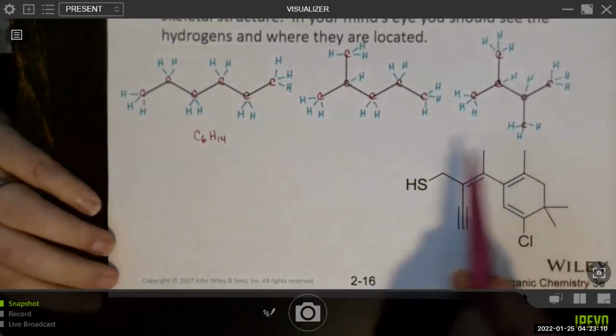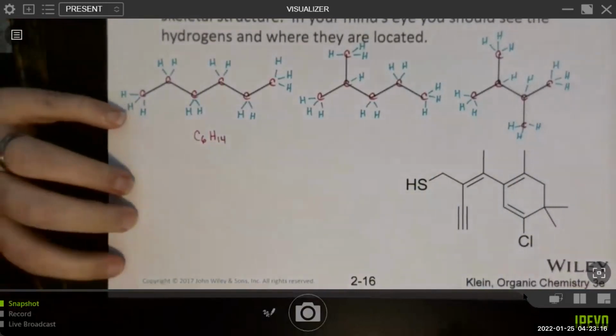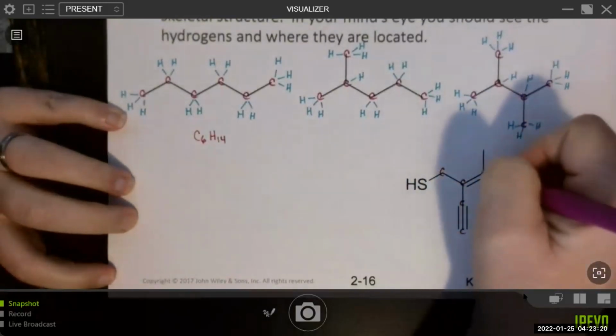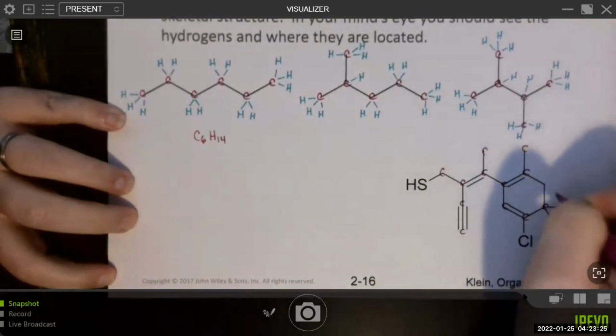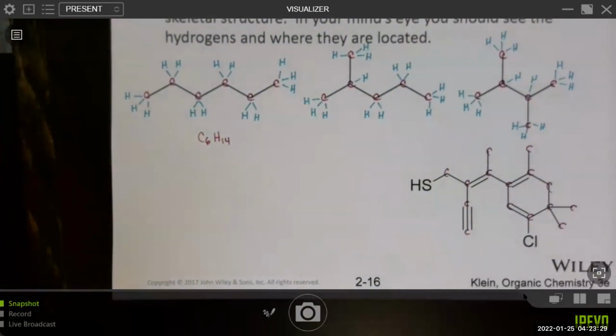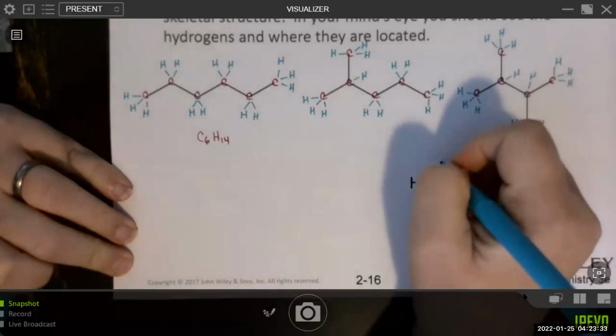Okay, so let's look at this structure. Right? Let's go ahead and put in all the carbons. So there's one here, here, here, here. Right? And then all the hydrogens. Remember that this one is shown because it's attached to sulfur.